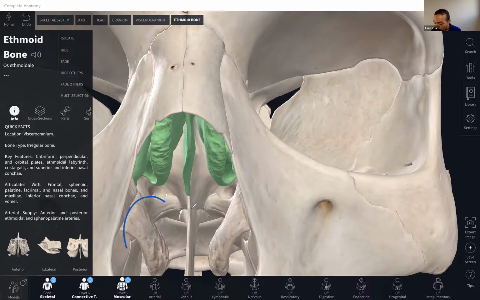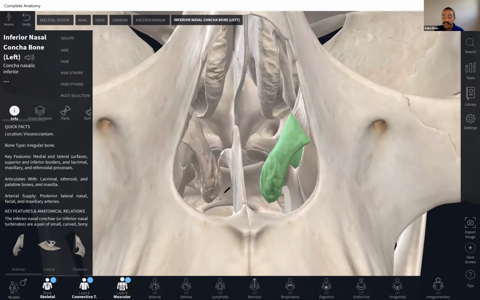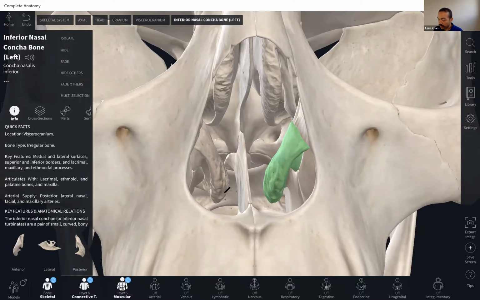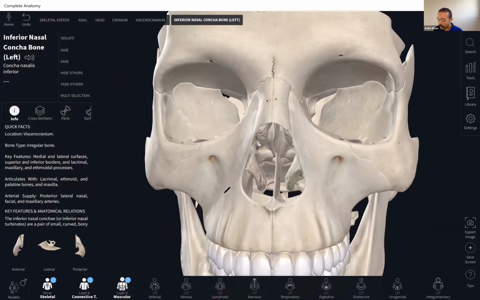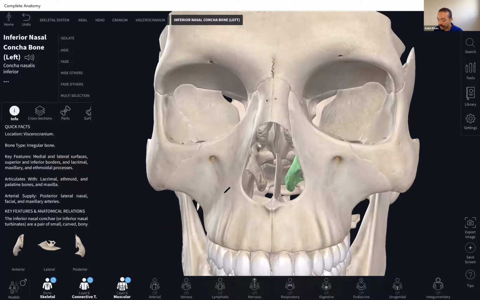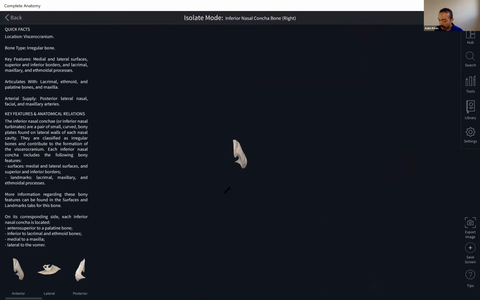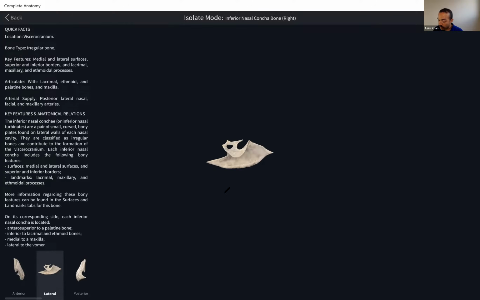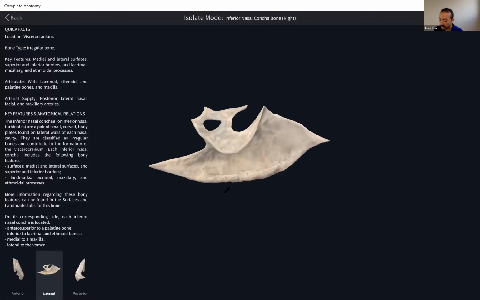But then we also have one more bone here. Those are separate bones. They're not part of the ethmoid. These are the inferior nasal conchae. So there is one inferior nasal concha, there is the other. And if you isolate it, it looks just like a conch shell.